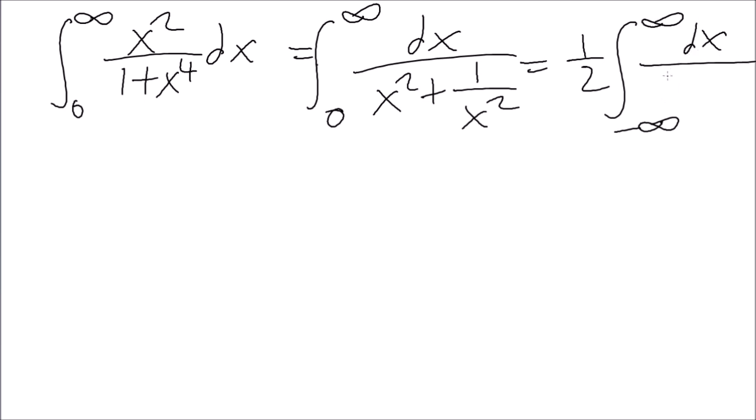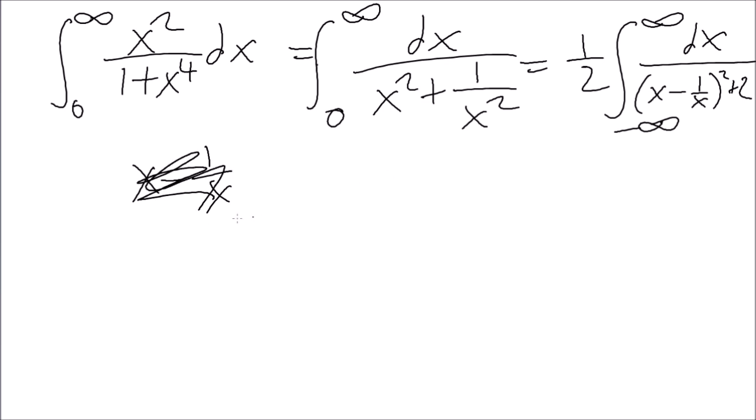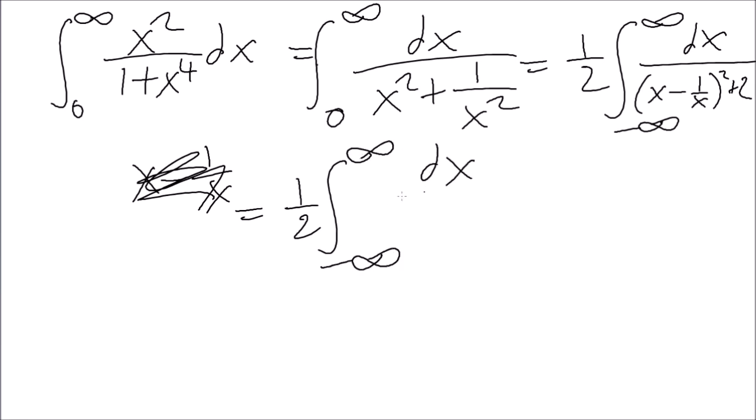Alright, now we have the backhanded symmetry. I'm going to complete the square like this. I need it in terms of x minus 1 over x. I think some of you might know where this is going, right? Squared plus 2. Awesome! Now we can use Glasser's Master theorem. This is now equal to dx over x squared plus 2.